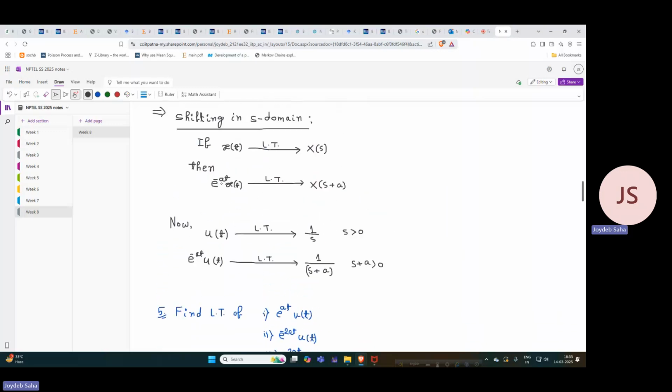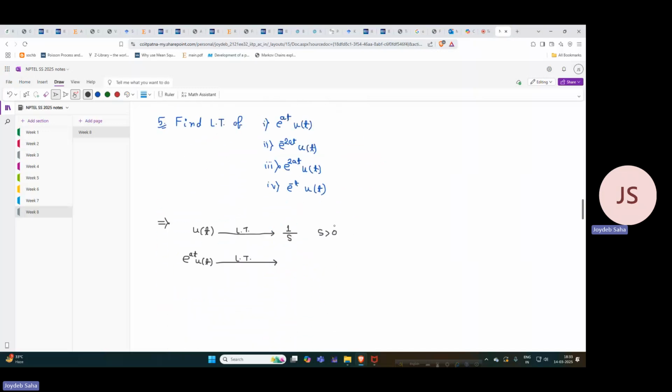If it is e to the power minus at, then here it is X of s plus a. So if it is e to the power at, then s minus a. One upon s minus a for s minus a greater than 0, that is s greater than a, right?